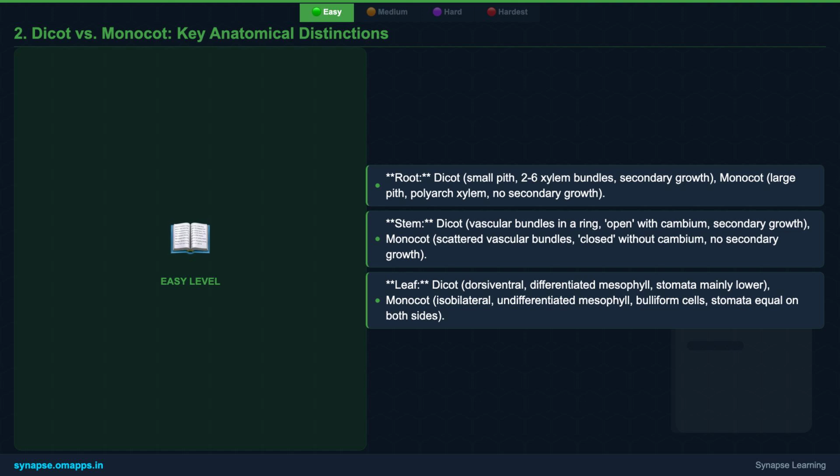Moving to stems, dicots arrange their vascular bundles in a ring with a cambium for thickening, while monocots have scattered, closed bundles without cambium. Finally, dicot leaves are dorsiventral with distinct palisade and spongy layers, whereas monocot leaves are isobilateral with undifferentiated mesophyll and unique bulliform cells. These distinctions are crucial for identifying plant types.